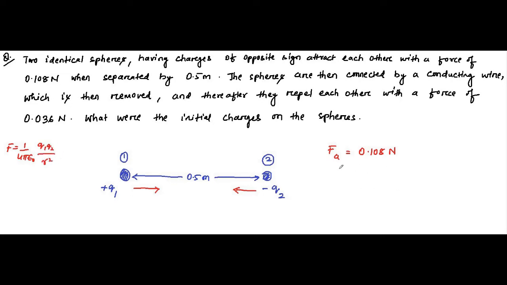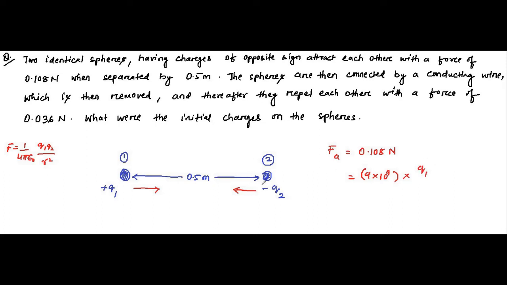So if we substitute the values, 0.108 Newton is equal to 9 into 10 to the power 9, substituting for 1 by 4 pi epsilon 0, into q1 q2 by 0.5 whole square.